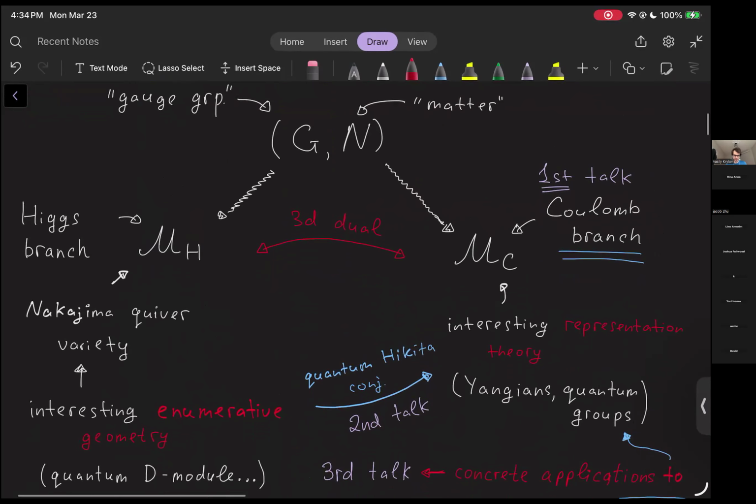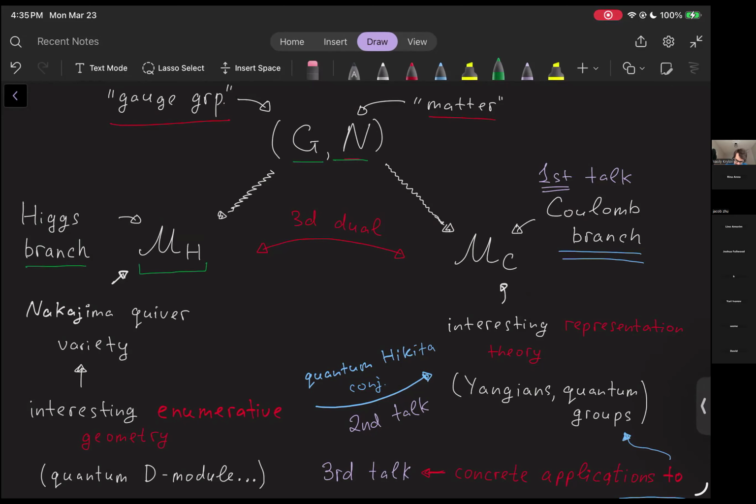And in physics, this group G is called the gauge group, and the representation N is called matter. Whenever you have such a pair of a reductive group acting on some finite dimensional representation, there are two interesting varieties that one can associate to this pair. One of them I denote by MH, and this is the so-called Higgs branch.